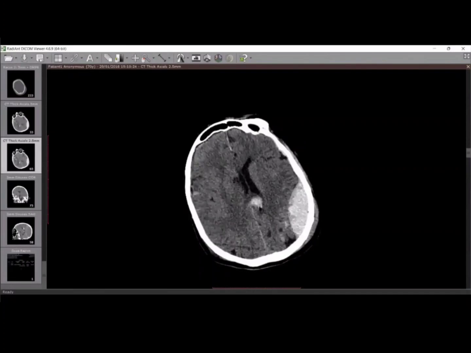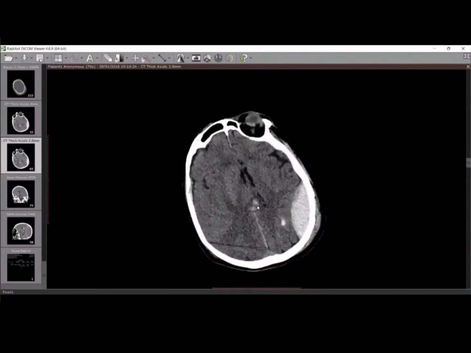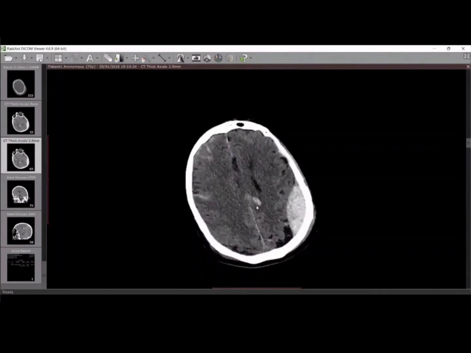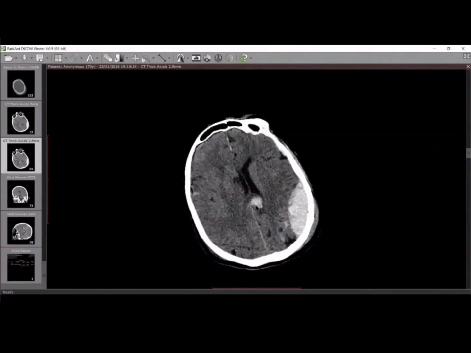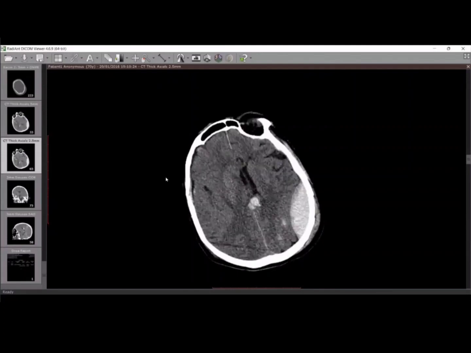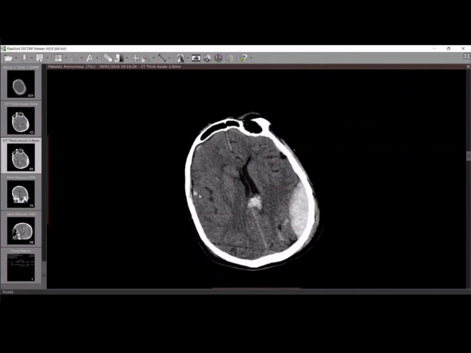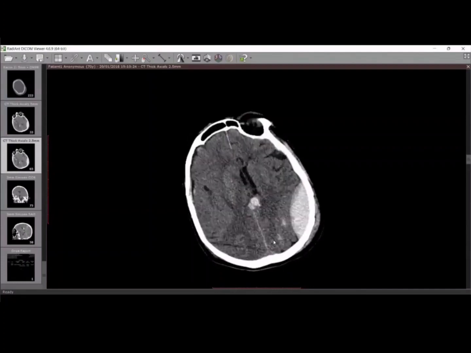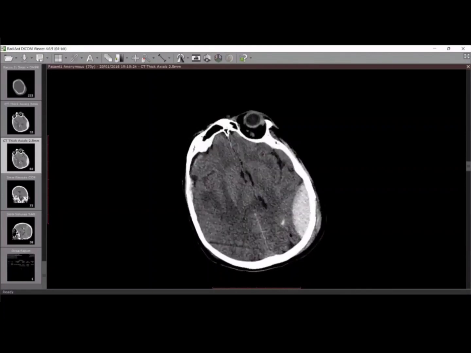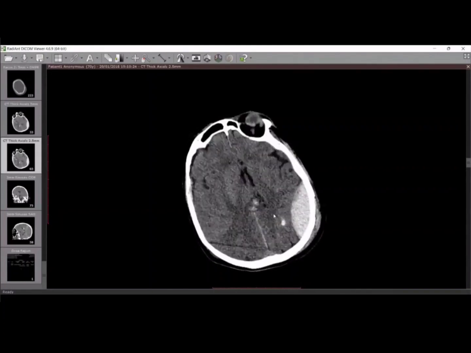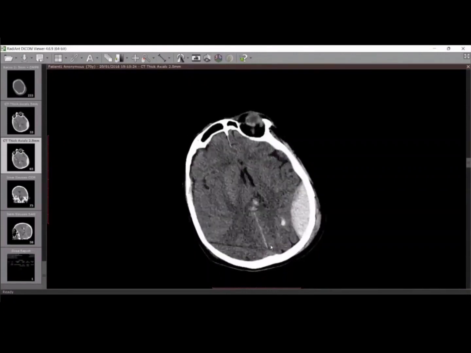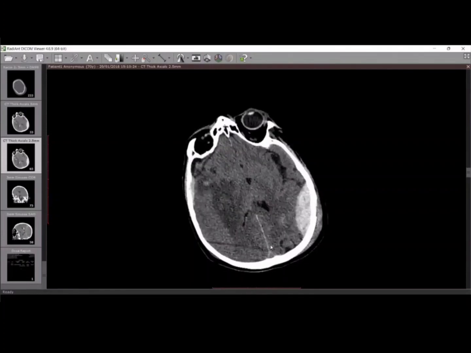I'm trying to ascertain its exact location, and I believe this is involving the splenium of the corpus callosum. Furthermore, I can see multiple hyperdensities, for example, in the right frontal region along the cortex. And also I see one here in the left parietal lobe, which in the context of a trauma patient denotes hemorrhagic contusions.